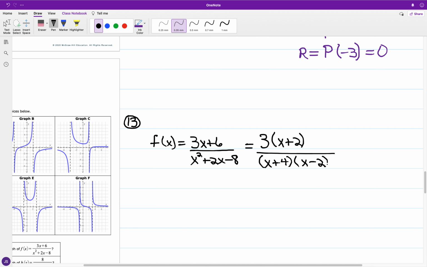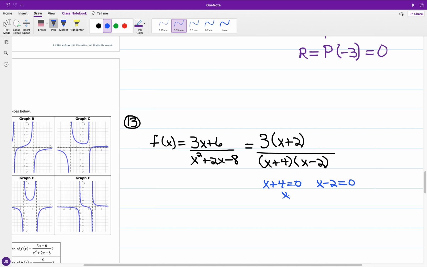Notice that there is no cancellation in the expression, so the zeros of the denominator factors will be vertical asymptotes. I'm not drawing out the restricted values from the domain, I'm just going ahead and tackling the vertical asymptotes.